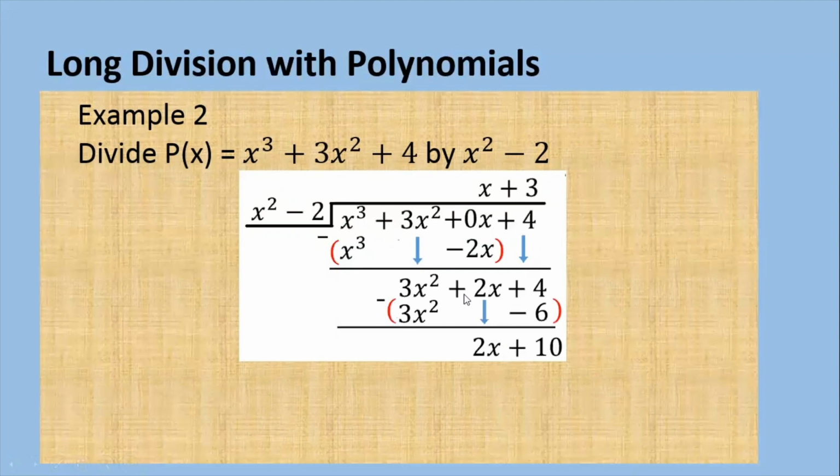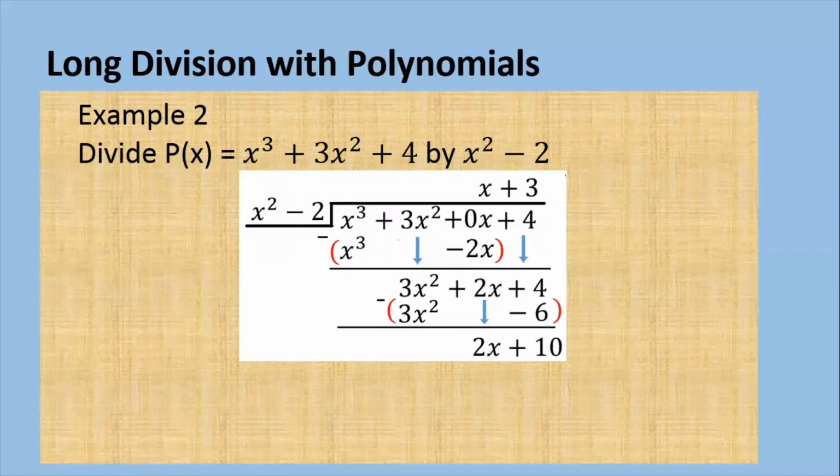And then what do we need to do? Well, same procedure again. So that will be 3x squared divided by x squared, which will give you 3. And then you will multiply 3 times x squared, which is 3x squared, and then 3 times negative 2, which will give you negative 6.